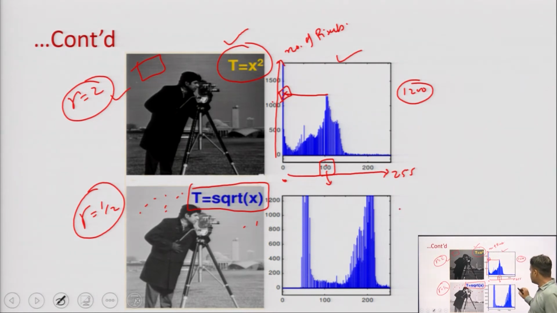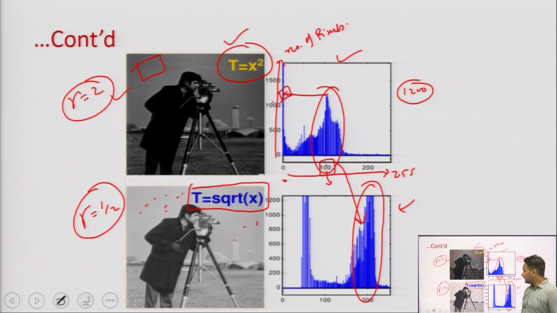You may also observe the histogram. Many values are at the 200 level instead, so it has shifted towards this side. That gives the idea of going from gamma 2 to 1 by 2. So, if gamma correction is used, you may observe that type of phenomenon.